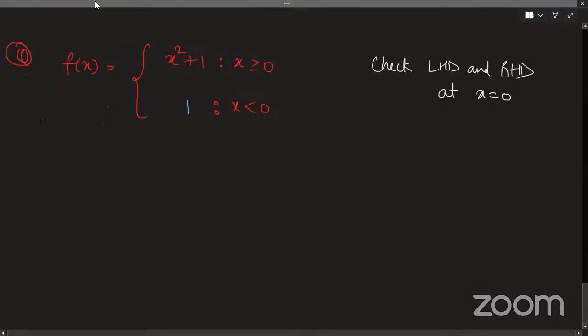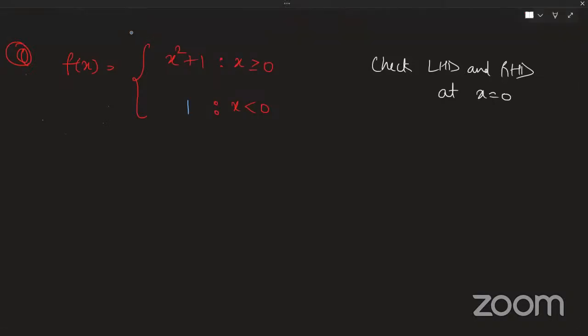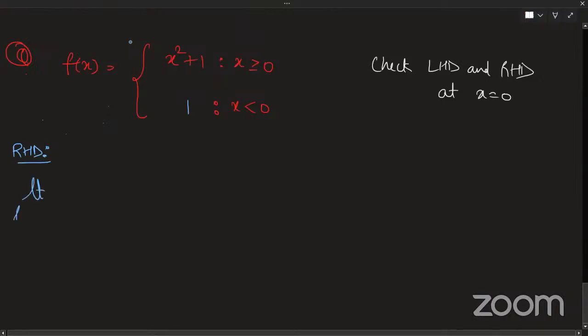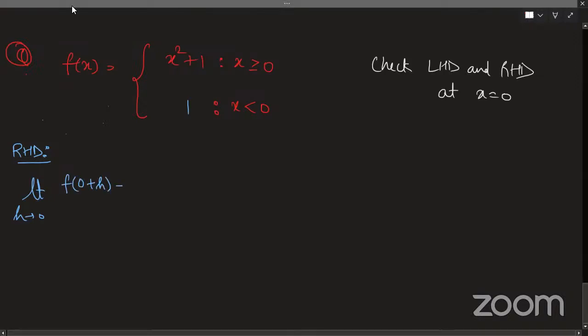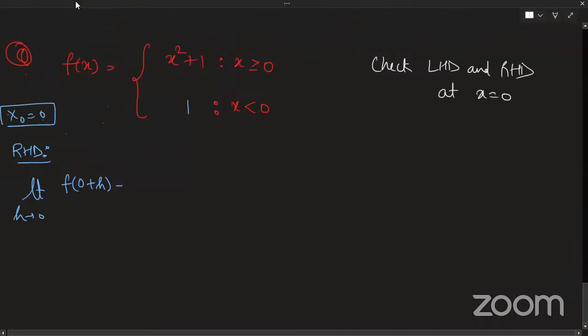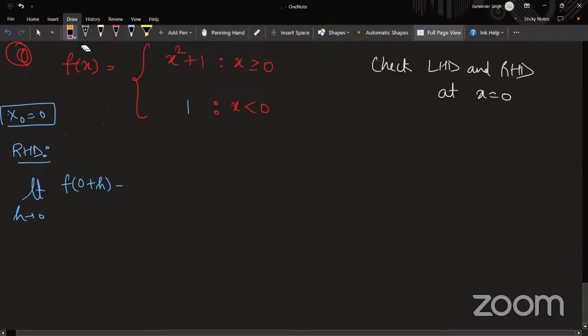Can we do it, everyone? Yes. So let us go for the right hand derivative first. You will have limit h tends to 0 of f of 0 plus h, because your x naught is now 0, since I am asking you to check at x equal to 0.